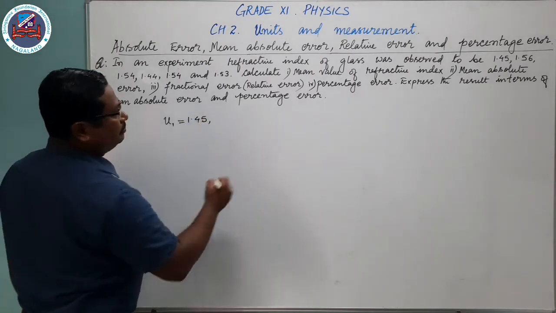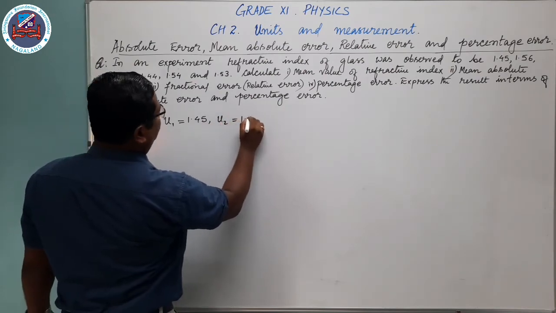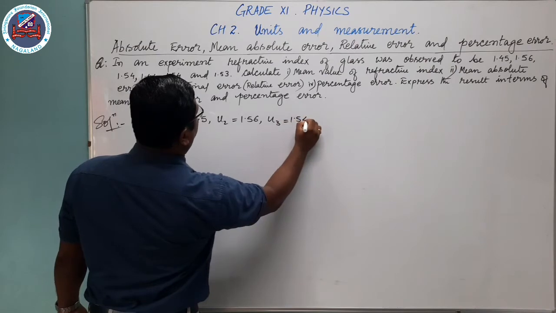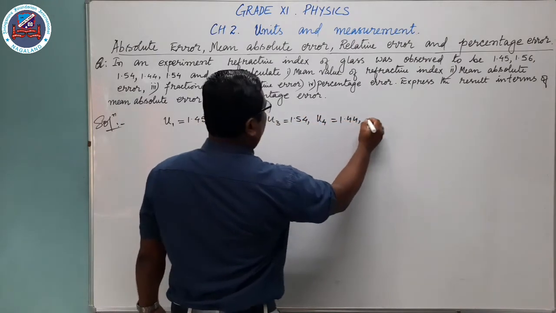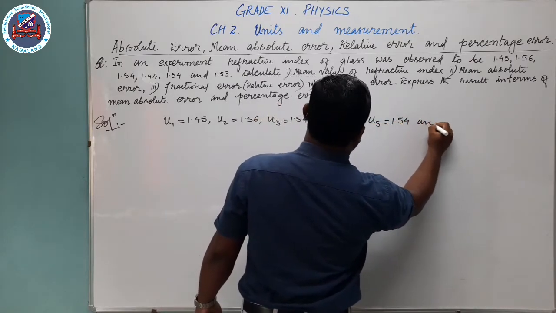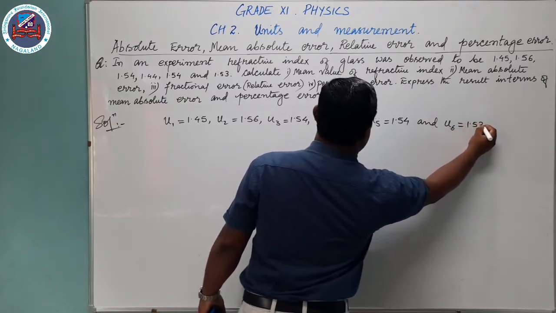These are the observed values during an experiment. U2 is 1.56. U3 is 1.54. U4 is 1.44, U5 is 1.54, and U6, 6 observations are taken, is 1.53.